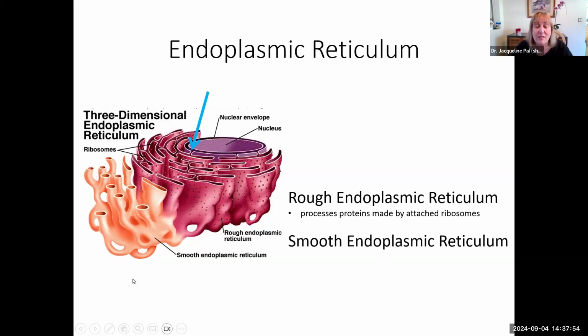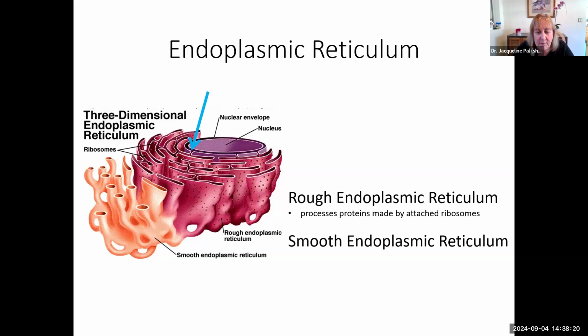In contrast, the smooth endoplasmic reticulum, does it have anything to do with proteins? Absolutely not, because there's no ribosomes attached to it. So you're going, oh, goody, don't need to learn anything about it. Nope, smooth endoplasmic reticulum is more complicated. It has 3 jobs. How many do you need to know? 3. You need to know 3 out of the 3.